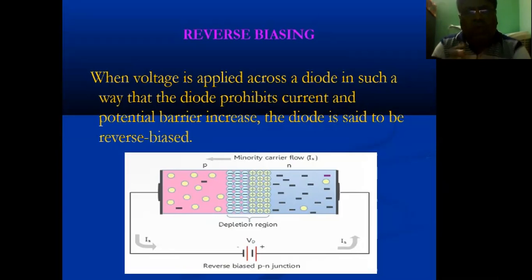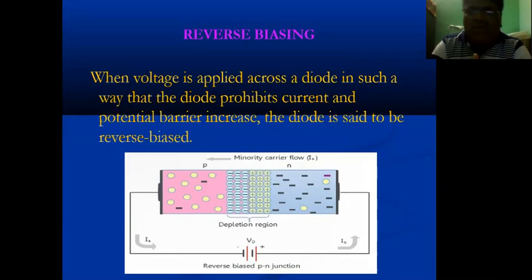So when voltage is applied across the diode in such a way that there is no current passing and the potential barrier increases, the diode is said to be reverse biased. The potential barrier is like a gate between the P and the N. When the gate height is reduced, current passes. That happens in forward biasing.